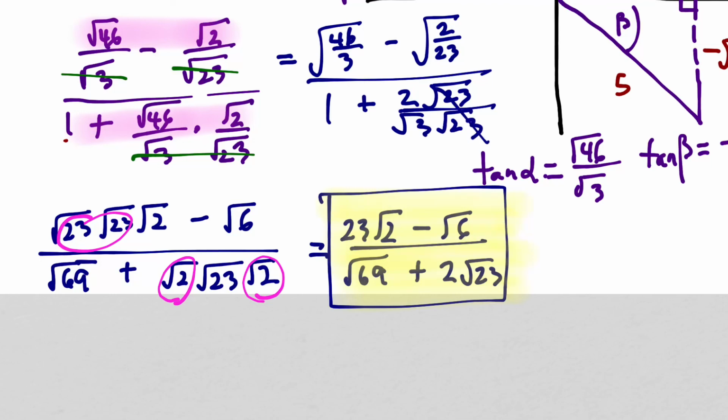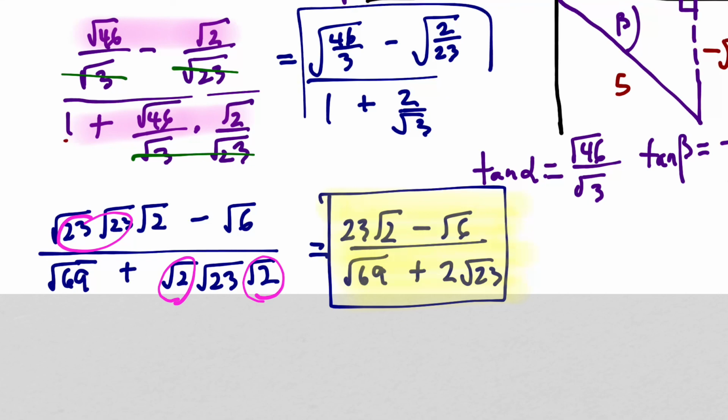This right here is another form you might see it in, but I prefer the first one. Both of these are not rationalized. That would be more work, but we're just not going to go there right now.